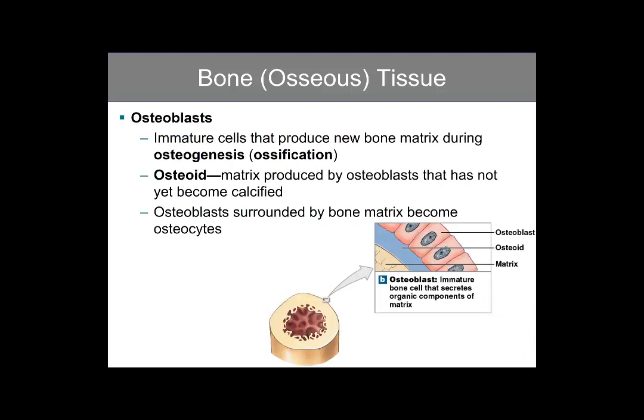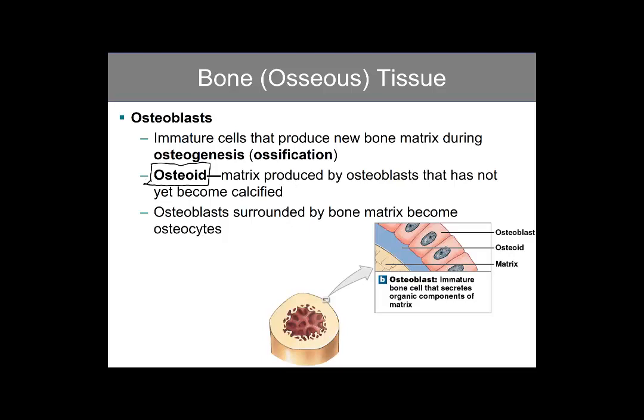Osteoblasts, again, are immature bone cells that produce bone matrix during a process called osteogenesis or ossification. What they lay down is called osteoid. And again, this is the uncalcified matrix of bone, mainly collagen.